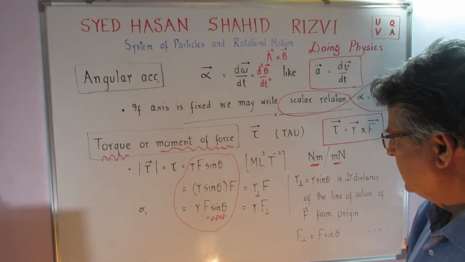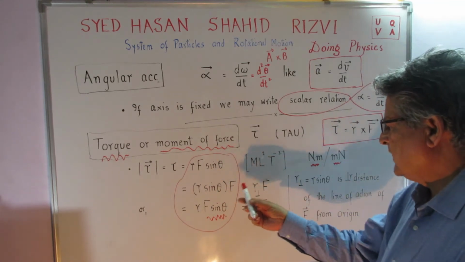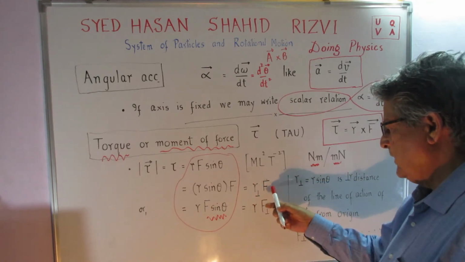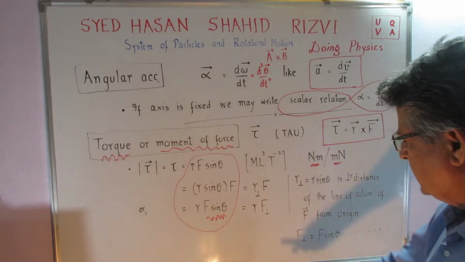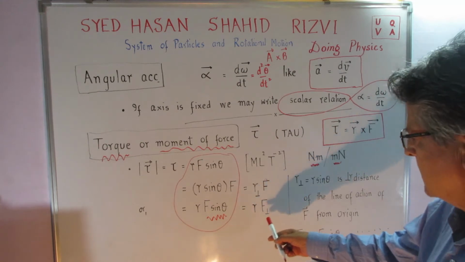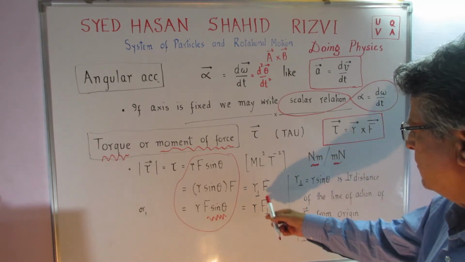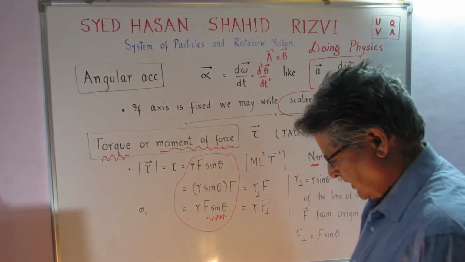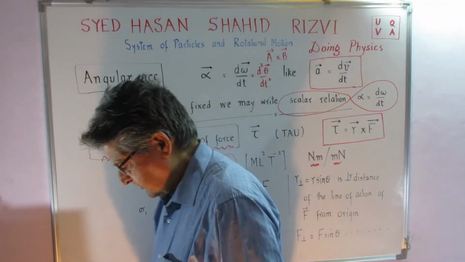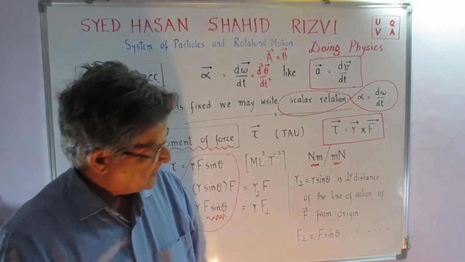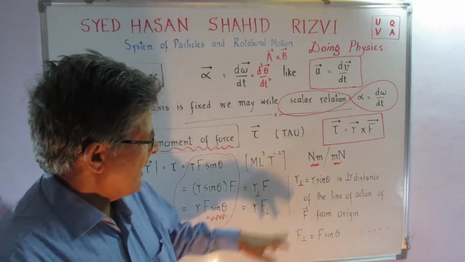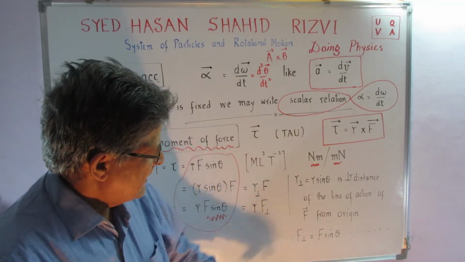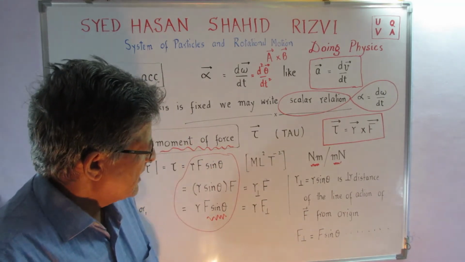In this case I can write this as r perpendicular into F, and in this case this is r into F perpendicular. So for the purposes of calculations, expressing things easily, we have this r perpendicular and F perpendicular.